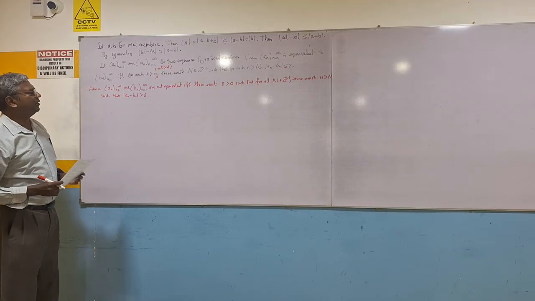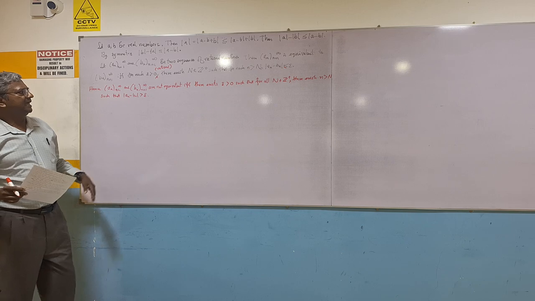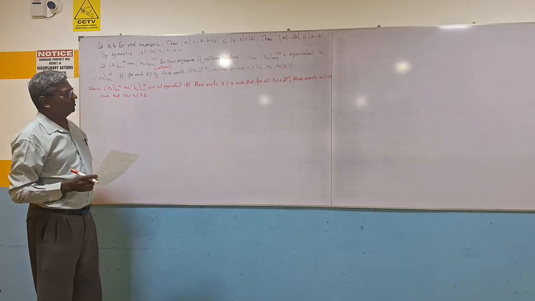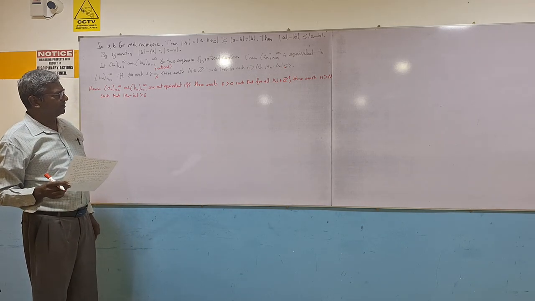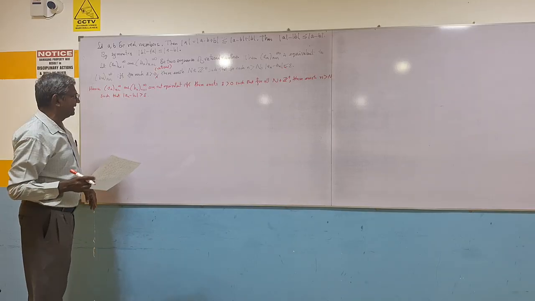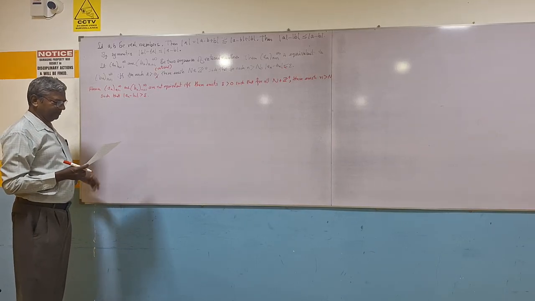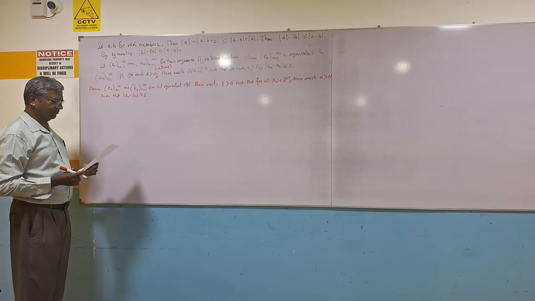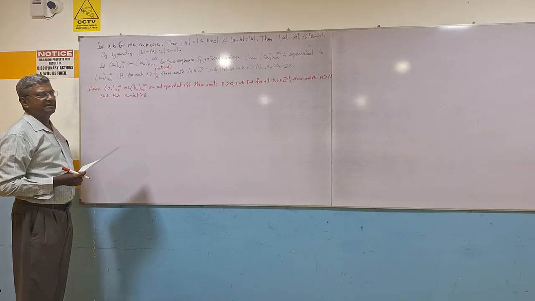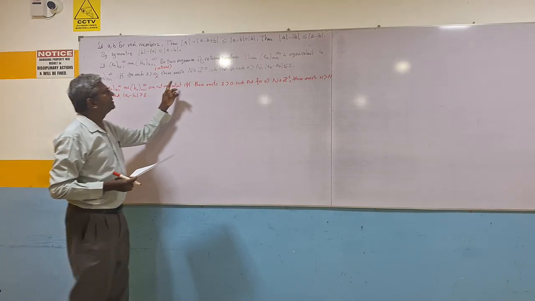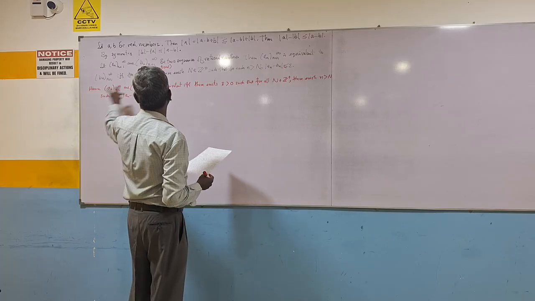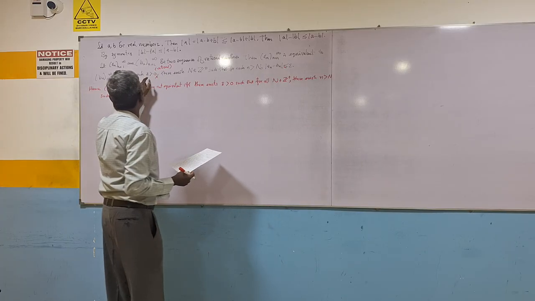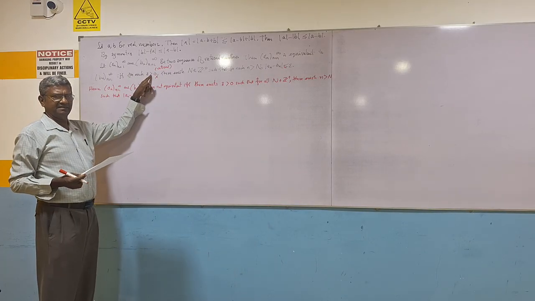Hence, a_n and b_n are not equivalent if and only if there is some positive epsilon greater than 0, such that for all N belonging to Z plus, there is at least one n greater than N such that |a_n minus b_n| is greater than epsilon. Right? So here epsilon is anything.